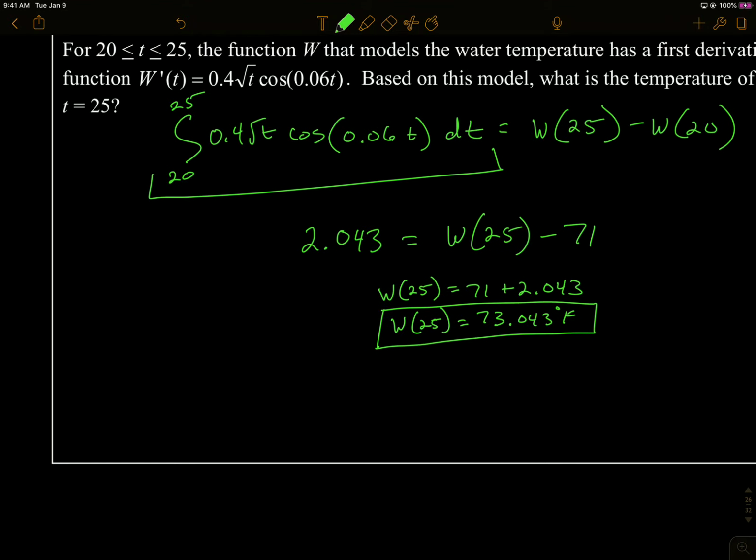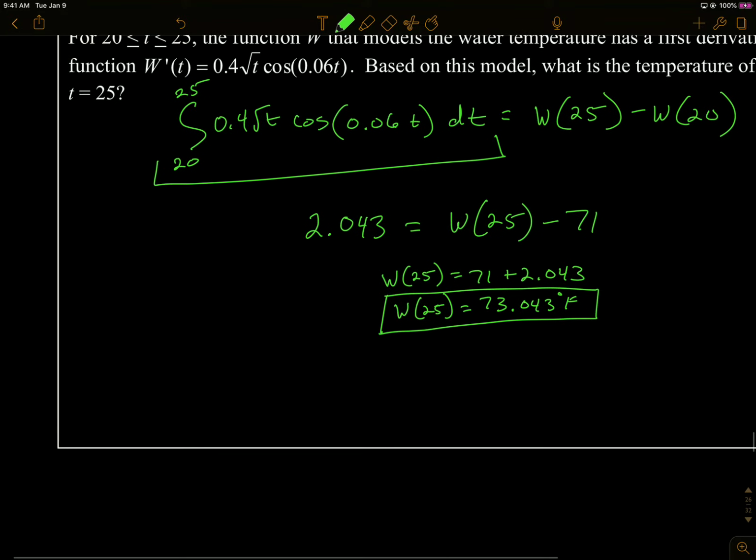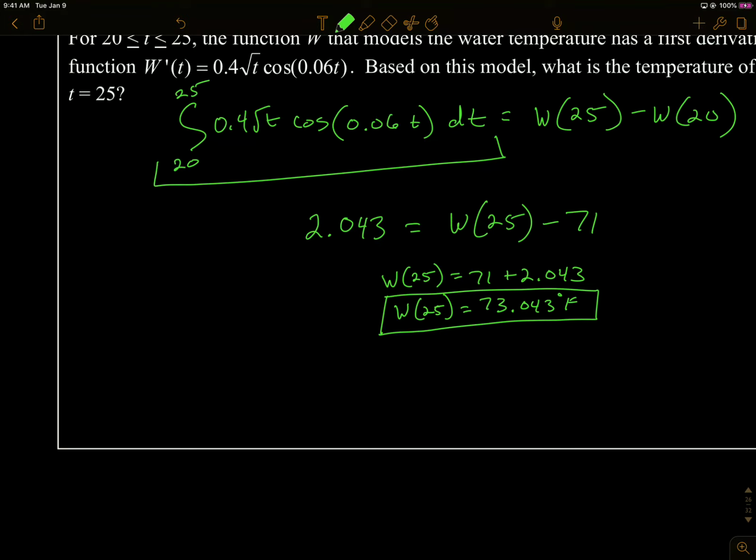Keep in mind, an alternate way to think about this is that the integral represents the net change, and we're going from 20 to 25. So if we know that W of 20 is 71, it's like 71 plus the integral of the change. So here's where we know our initial amount, our amount at 20. That's like our starting amount.